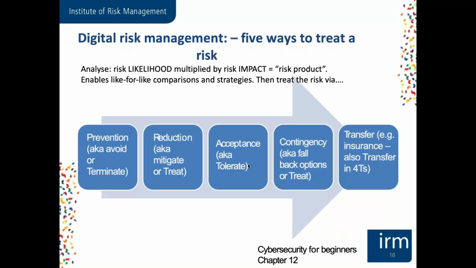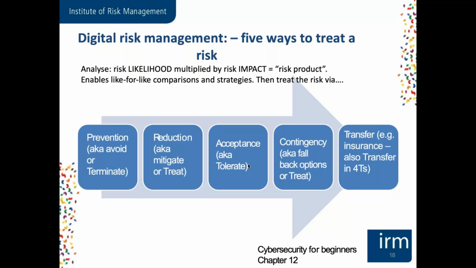Set out here the ways to treat a risk, and taking a step back, the analysis. So the formula is the risk likelihood multiplied by the risk impact, and that gives you what we call the risk product. And having it set out in that formula, of course, enables like-for-like comparisons and enables decisions to be made about strategies in terms of risk appetite and so on.